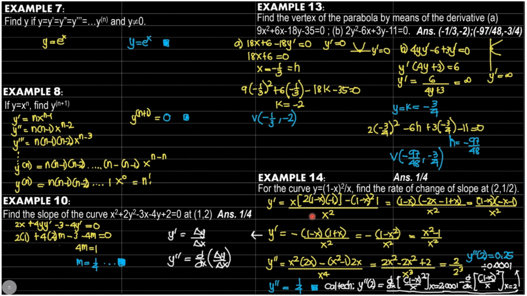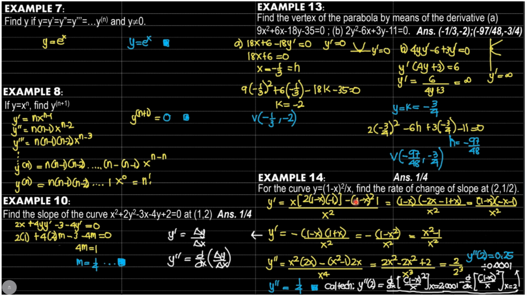Using the traditional way of solving it, this is the derivative of a ratio. So y prime is the denominator x, times the derivative of the numerator 2 times (1 minus x) raised to 1, and the derivative of 1 minus x is negative 1.